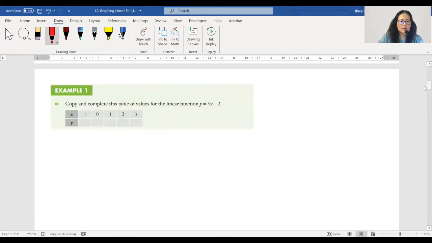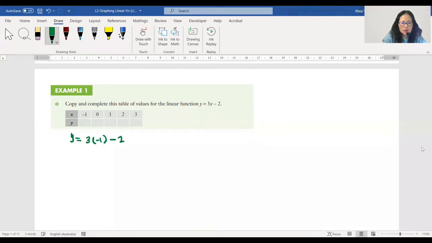So example 1, I'm just going to do substitution. To answer all these y values when x values are minus 1, 0, 1, 2, 3, I'm going to put y equals 3 times x, where x is minus 1 in this case, minus 2.